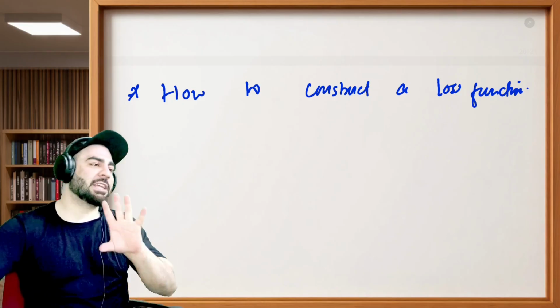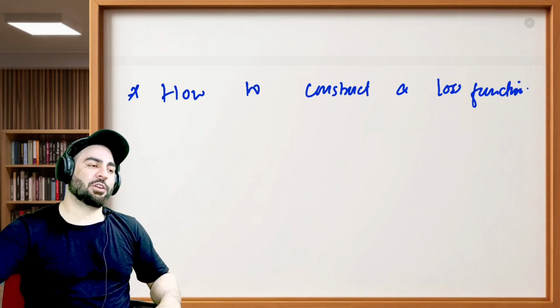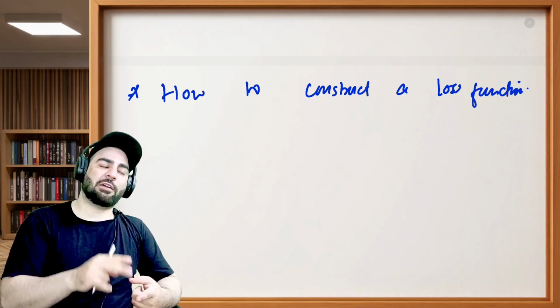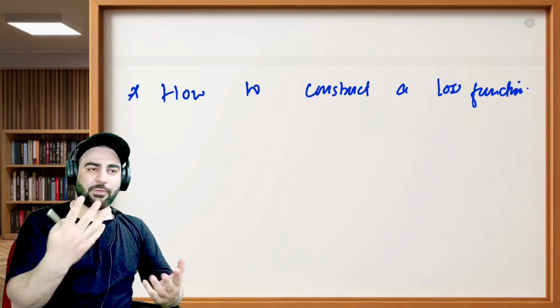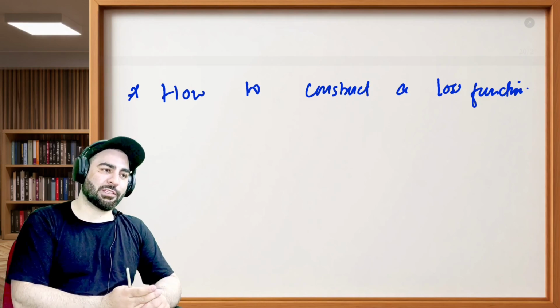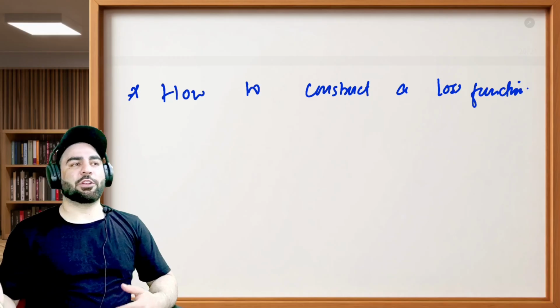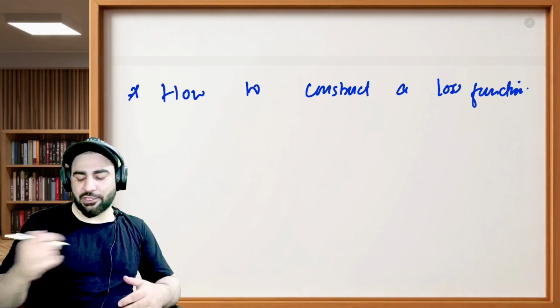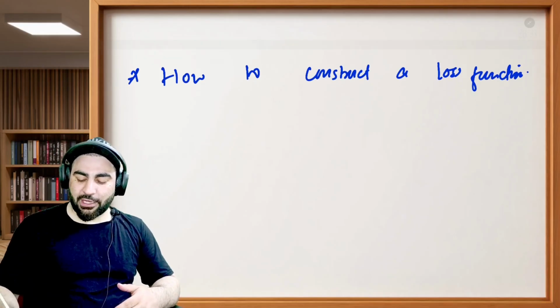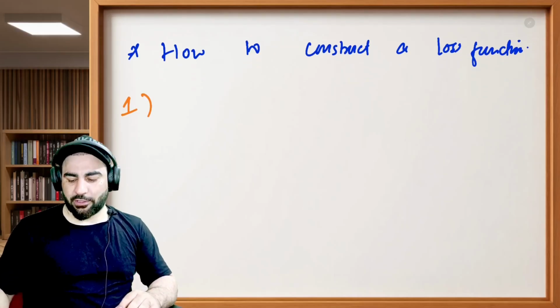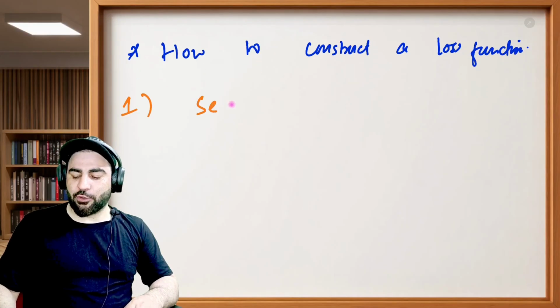Because we have spoken about probability distributions a lot, we have learnt about discrete probability distributions like Bernoulli distributions, binomial distributions, Poisson distribution, and in the continuous case we'll also cover Gaussian distributions and a lot of other distributions as well. The first step, when you have to construct a loss function, is to select a suitable probability distribution.